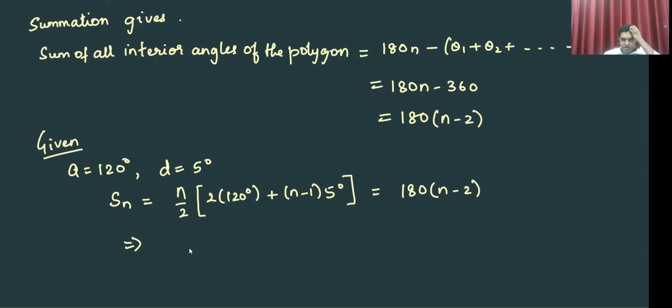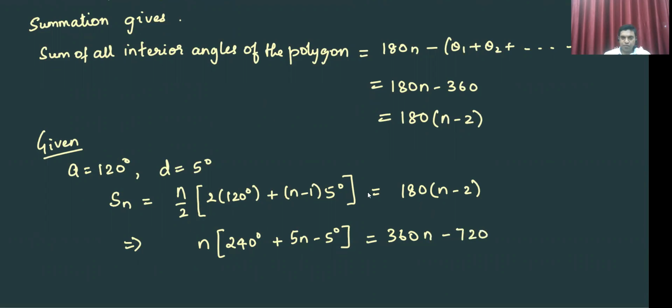Let us do this now. I cannot take this inside, so I'll multiply 2 on both sides. I'll get n times 240 plus 5n minus 5 is equal to 360. Sorry, 360n minus 720 because 2 gets multiplied.